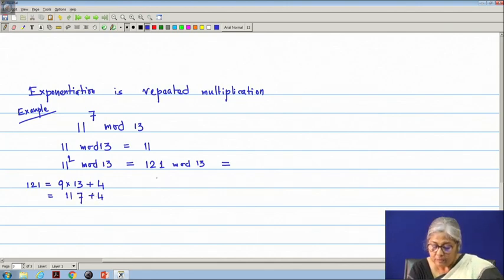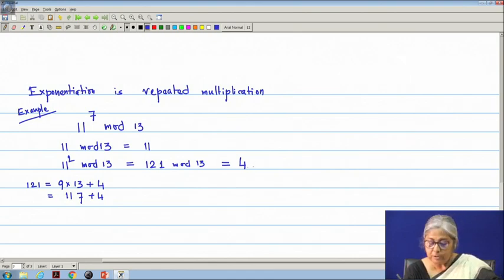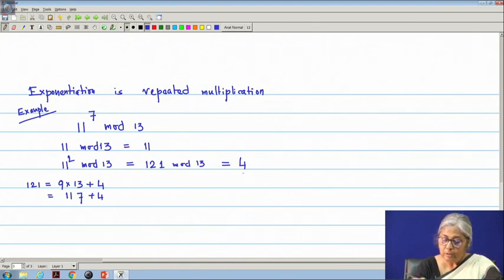So, I can write 121 modulo 13 is equal to 4. So, 121 is 4. Now, 11 square modulo 13 is 4.